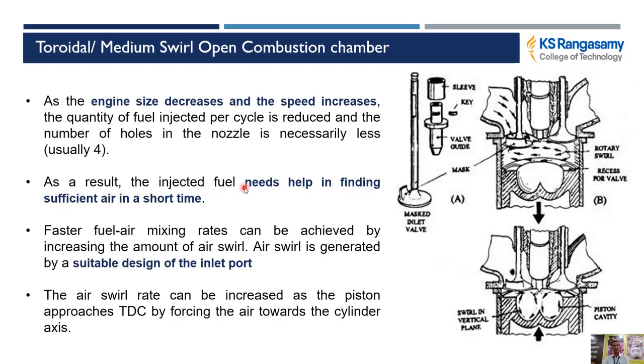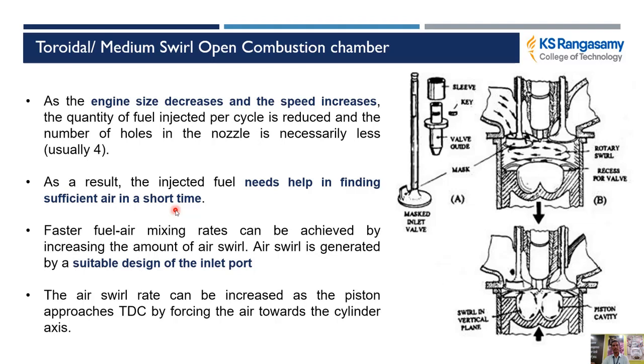As a result, the injected fuel needs help in finding sufficient air in a shorter time. Because the speed increases, the time of injection is reduced. So within the stipulated time, the fuel is mixed with the air. We need a medium swirl condition so that the swirling action makes the fuel mix with the air quickly in the stipulated time period.